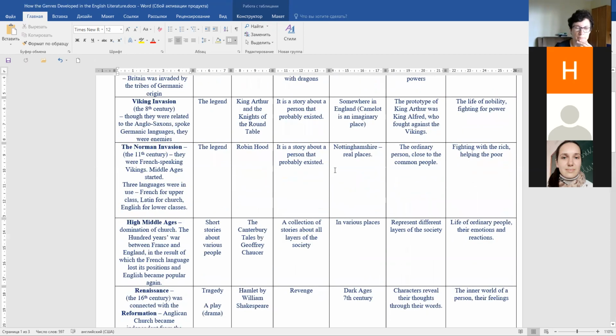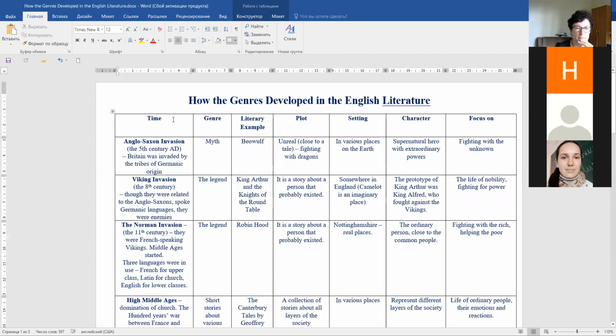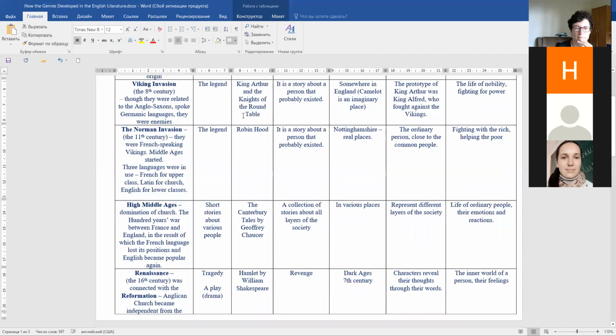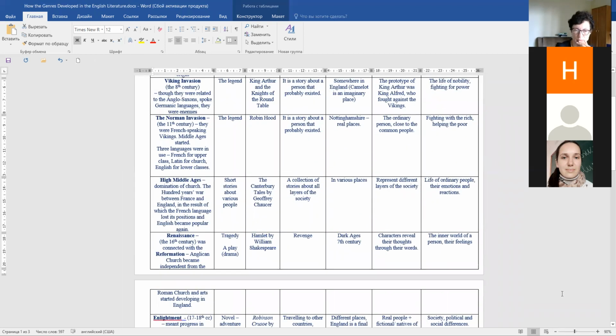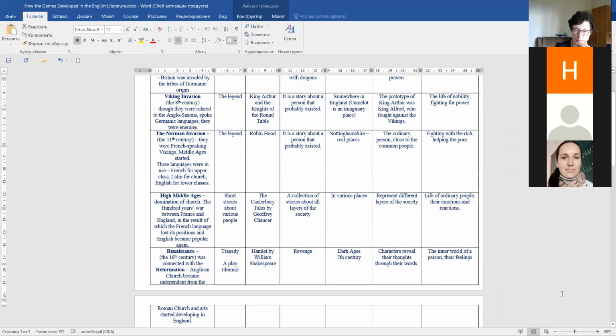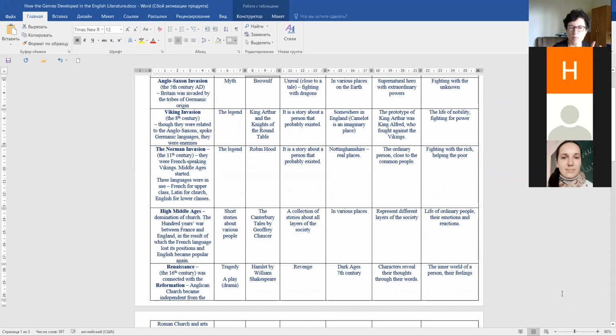Okay, so Natasha, next. The High Middle Ages were characterized by domination of the church. The main event was the Hundred Years' War between France and England, as a result of which the French language lost its positions and English became popular again. The main genre is short stories about various people.